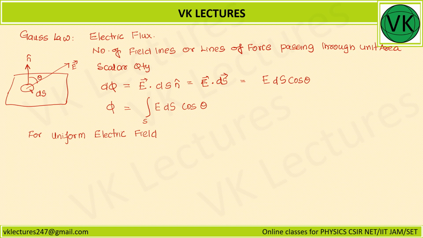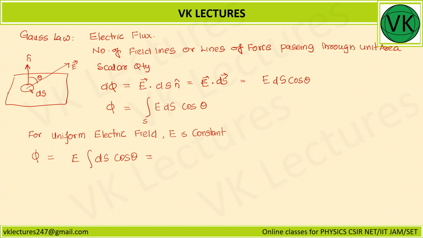The uniform electric field E is constant, then phi can be written as the E can be taken out because it is constant, integral ds cos theta, and this angle theta will not change, so that will become E cos theta into integral ds.